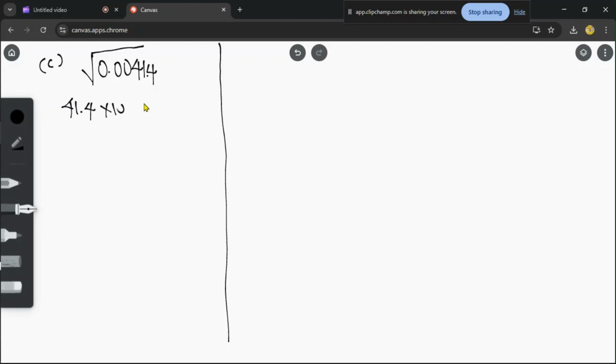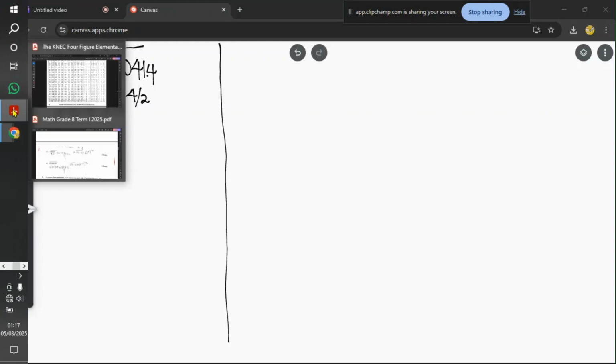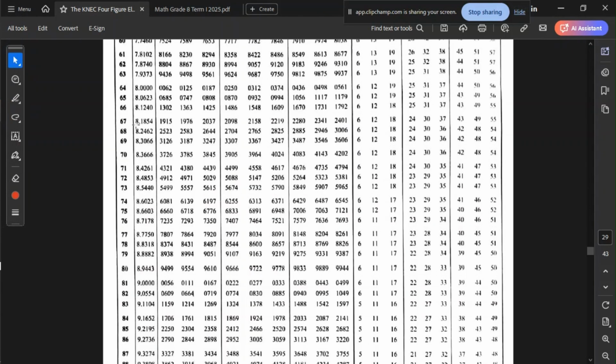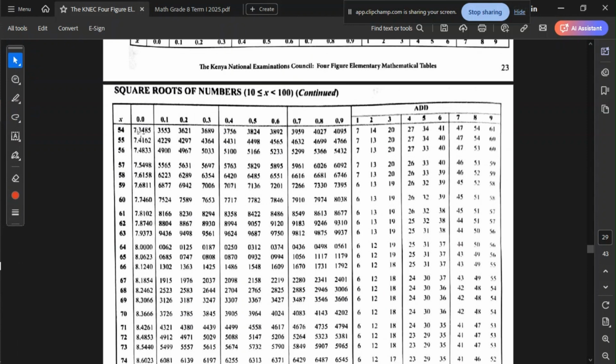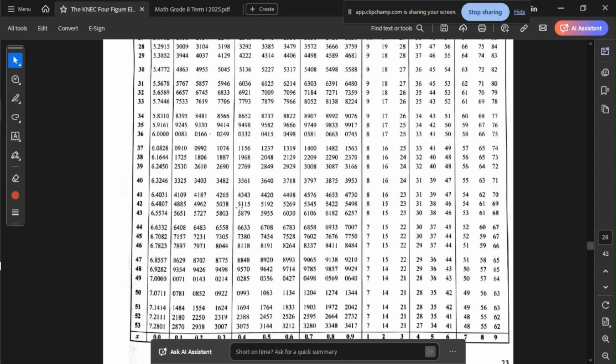So I'll say 41.4 multiplied by 10 to the power of negative 4. I've moved 4 steps, and because it was towards my right, I put a negative here. The 41.4 I read from the table, but the exponent I divide by 2 because it is square root. I hope we are okay there. So in my table, I read the square root of 41.4. 41 is here, and the 4 is here.